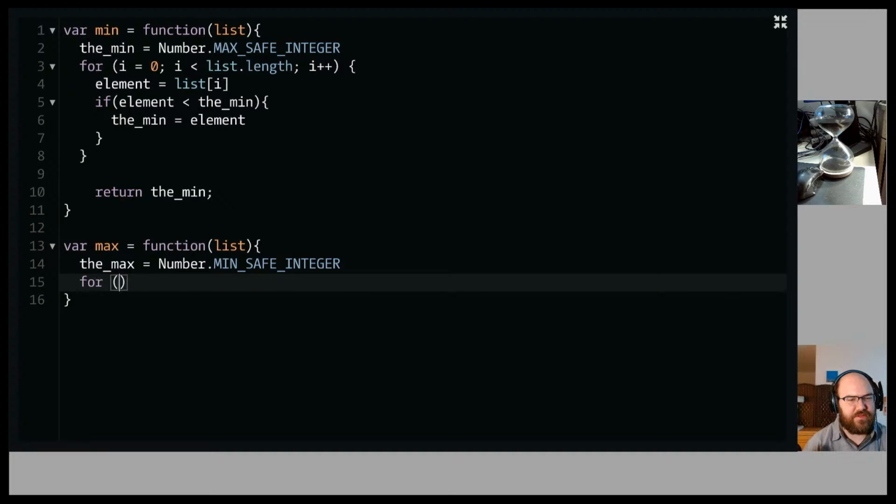Next, I want a for loop. I equals 0. We're gonna start with I equal to 0, continue as long as I is less than list.length, and we're gonna do I equals I plus 1 at the end of every iteration. If I can get my words out.